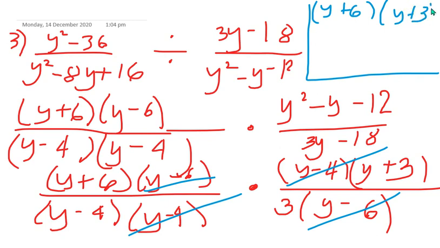This is the numerator over, we have here 3 times y minus 4. So therefore, this is now your final answer. Okay, so I hope we understand.